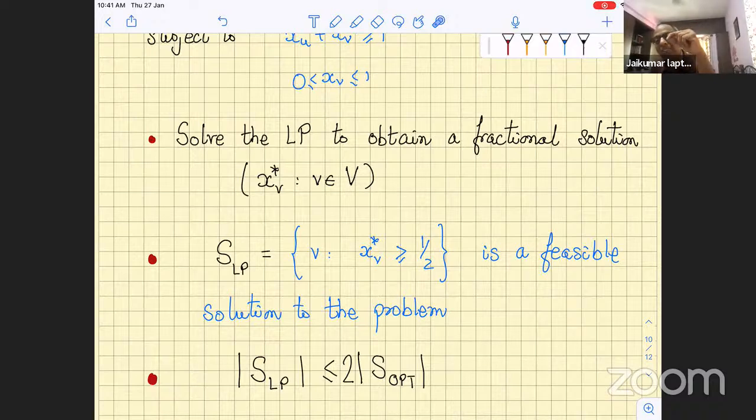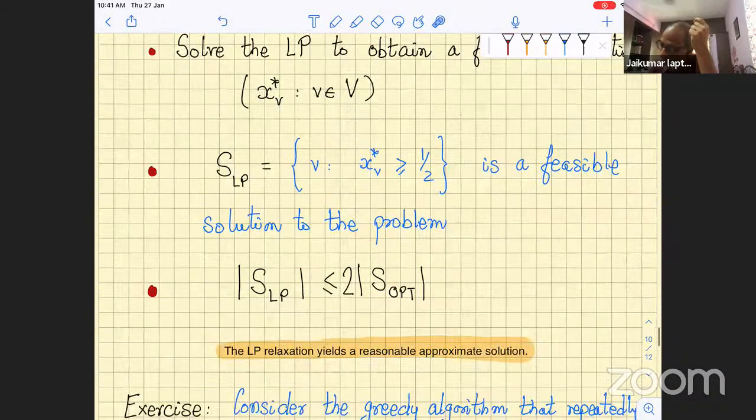We have at best doubled the values of the x_v stars. So the solution that we get by taking the solution from the LP and rounding it to produce this set, which will be a valid vertex cover, will be no more than 2 times the optimal solution.